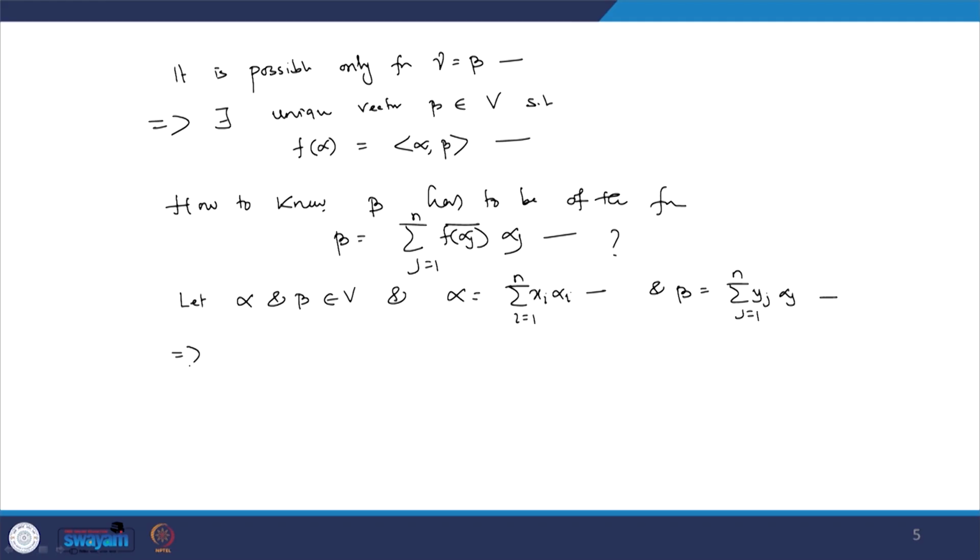So, this implies the inner product of alpha and beta will be equal to the inner product of sigma x i alpha i and sigma y j alpha j.